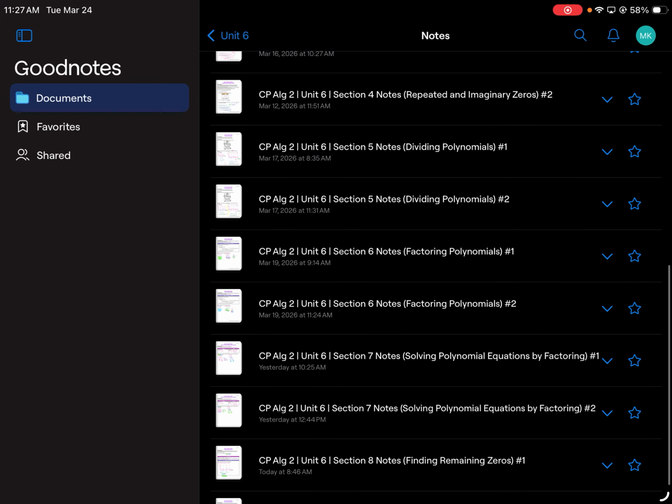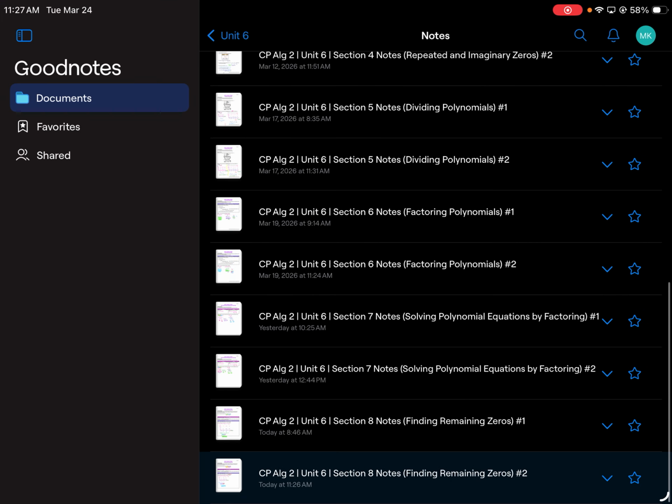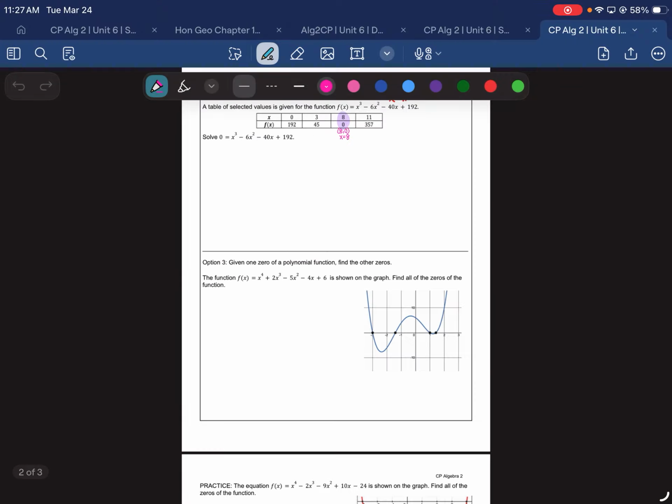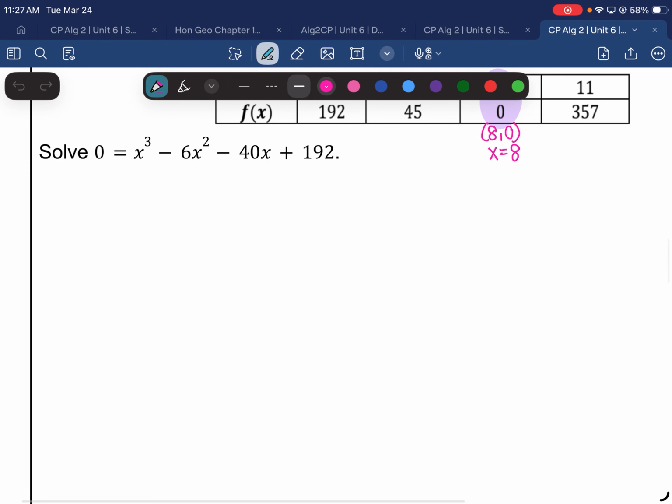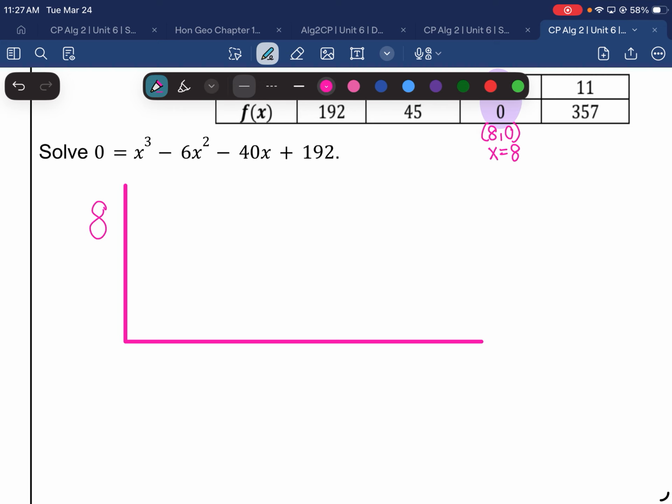So just put all your coefficients in there. Okay, so 8 is my 0. Put your coefficients along the top.